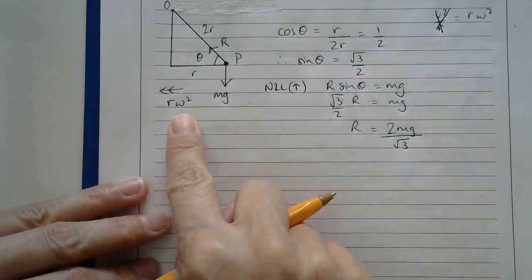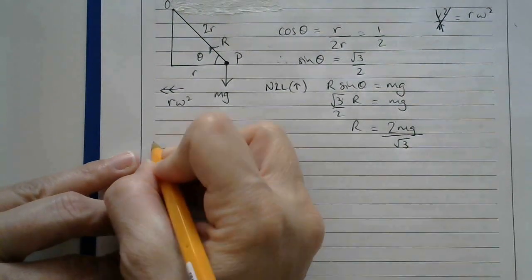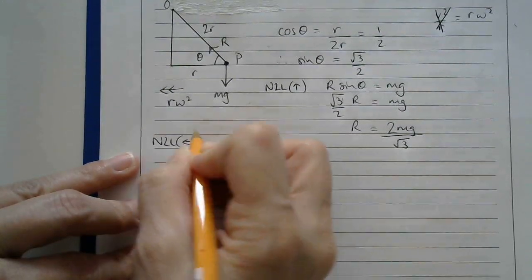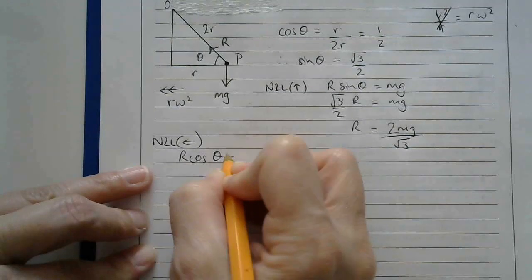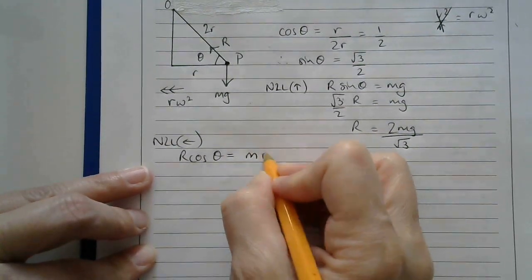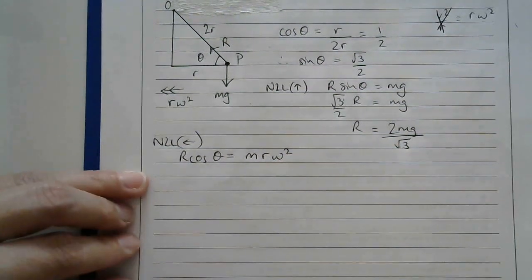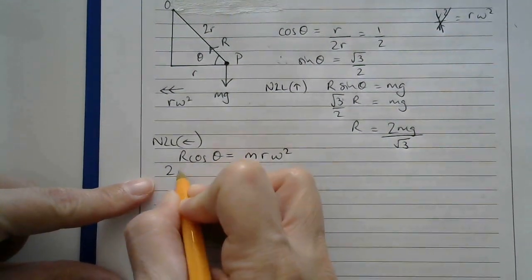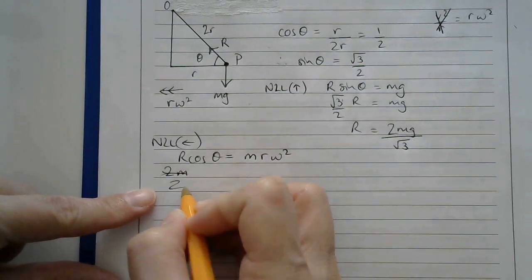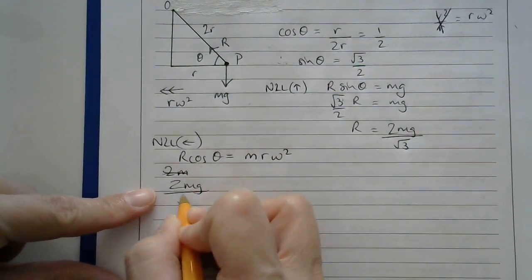So to get an equation with omega in, I can resolve towards the centre of the circle. This time I have R cos theta equals the mass times the acceleration, and I know that R is 2mg over root 3.